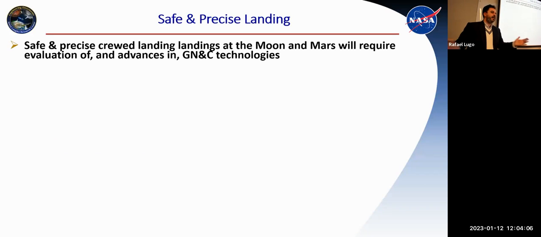So safe and precise landing, what is that? Well, at the moon and Mars for human missions, it's been made pretty clear that we're going to need safe, obviously, and precise landing. We want to make sure we can land these gigantic vehicles at the appropriate location. To do that, there's going to have to be decent advances in being able to evaluate GNC technologies.